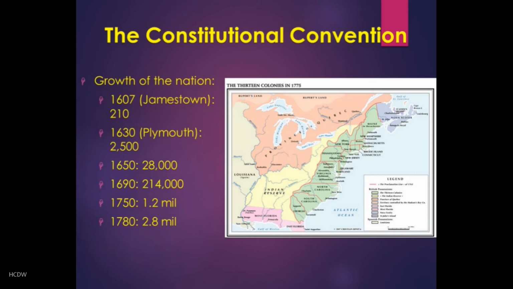And if we look at these figures and think about the population in the colonies, Jamestown originates with about 210, Plymouth somewhere around 2,500 in 1630. But then we see as the decades go by, 1650, the population in the colonies is about 28,000. By 1690, 214,000. By 1750, 1.2 million. And by 1780, 2.8 million.